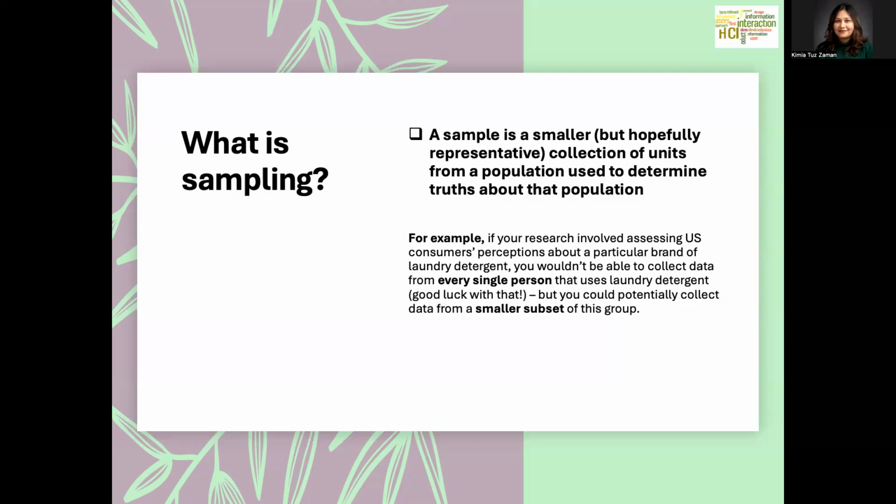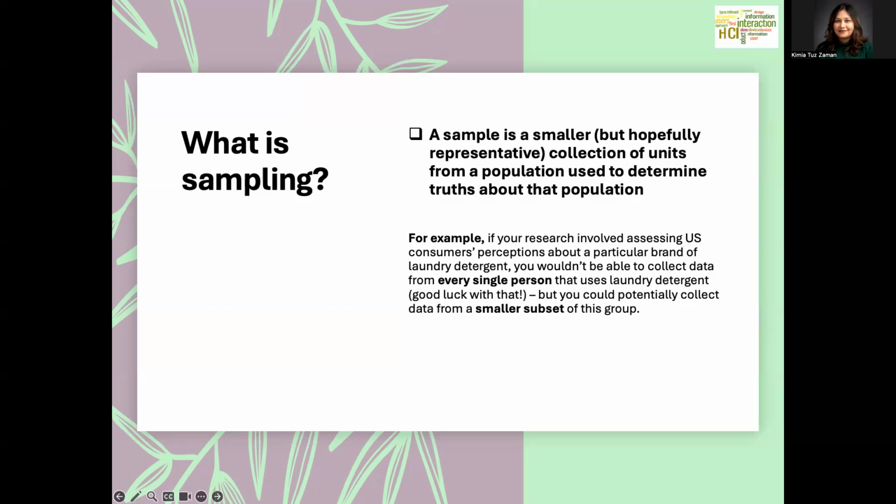The reason we sample is practical. We have limited time, limited resources, and limited access, but also statistical. With a well designed sample, we can get precise, unbiased estimates without talking to every person in the population. The laundry detergent example makes this more concrete.